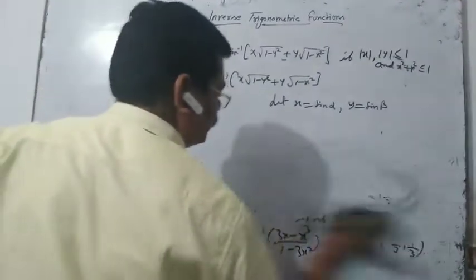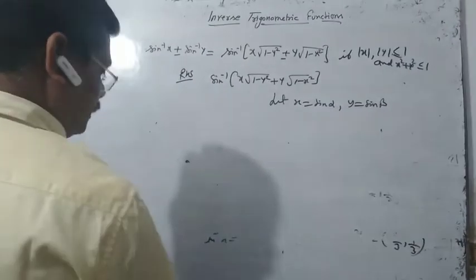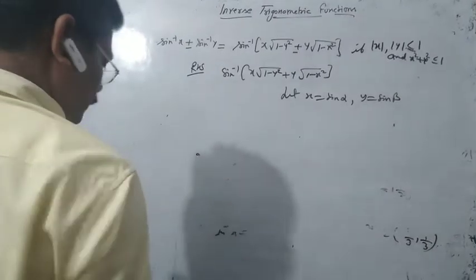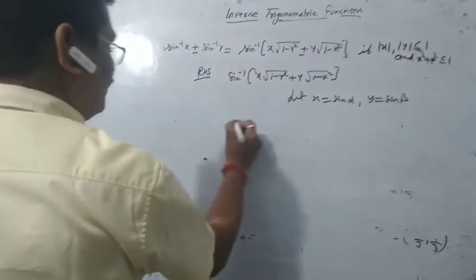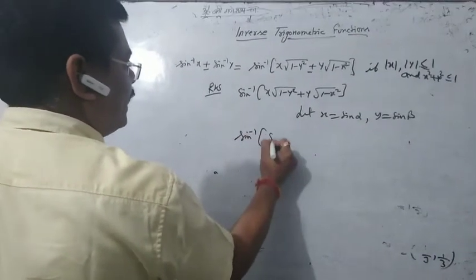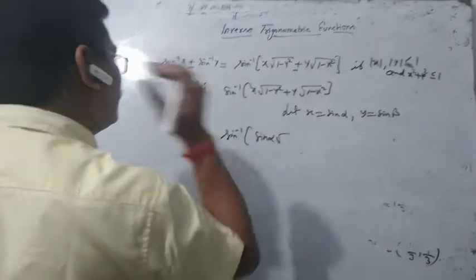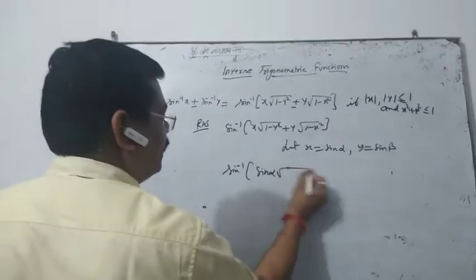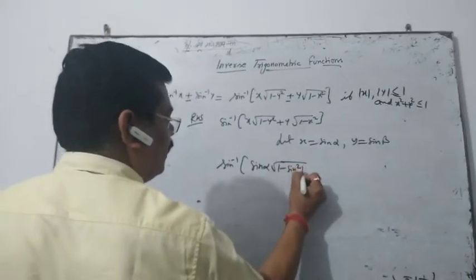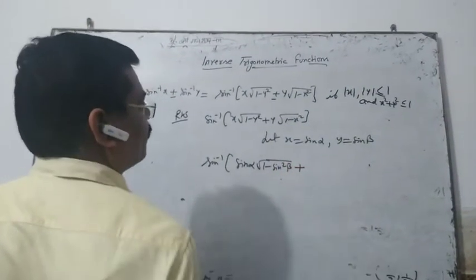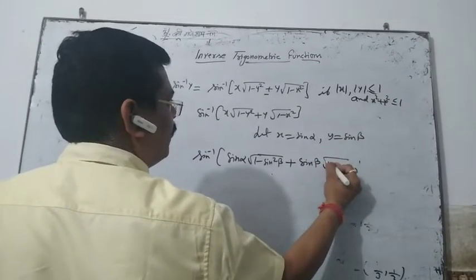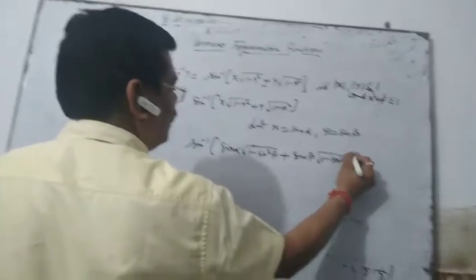Then sine inverse of sine alpha root of (1 minus sine square beta) plus sine beta root of (1 minus sine square alpha).